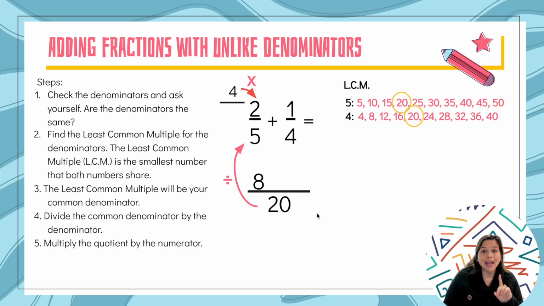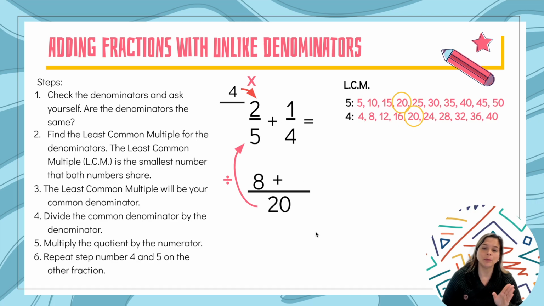Excellent. Now, in this case, we know that we're adding, okay? But we always check the symbol. We never know. So in this case, it's addition, so we leave it there. And now we repeat the same process on the other side with the other fraction. So 20 divided by 4, the answer is 5.